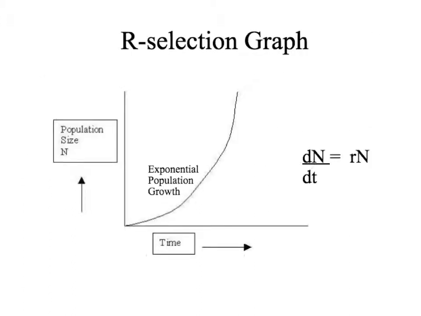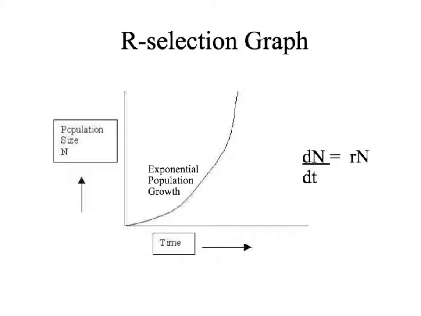So here we have an r selection graph. dN represents the change in population size. dt is the time increment. r is the intrinsic rate of increase. So we have the graph.